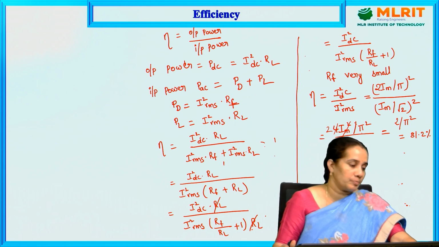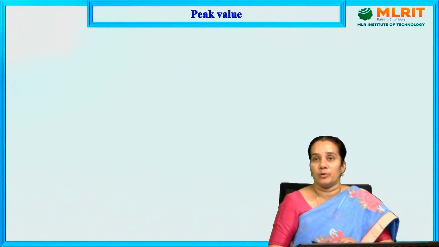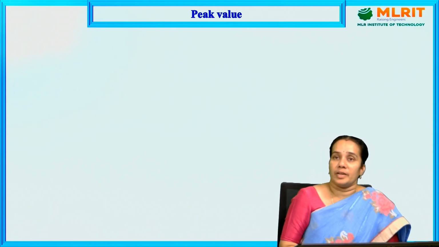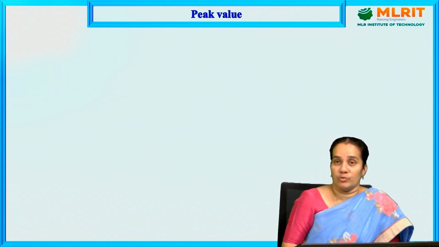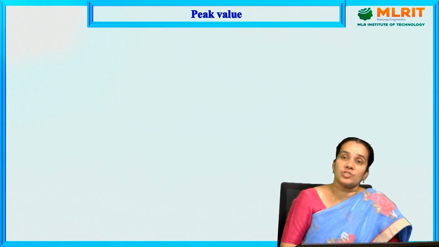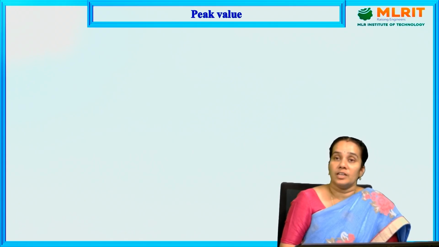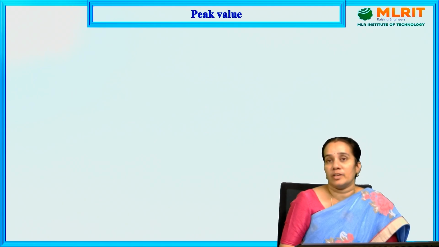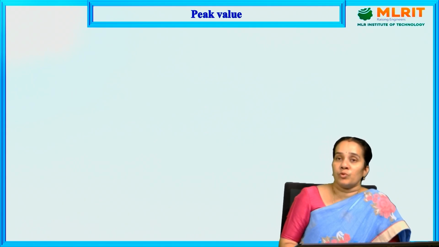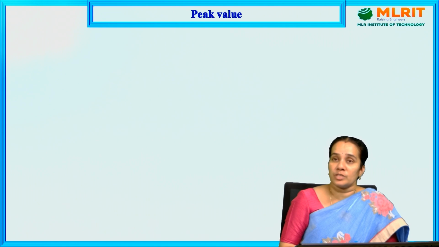And the next, peak value. What is meant by the peak value? The peak value is defined as the voltage the diode can withstand without destroying the junction. The full wave rectifier is designed in two ways: with center tap and without center tap. In the full wave rectifier with center tap, we use two diodes.